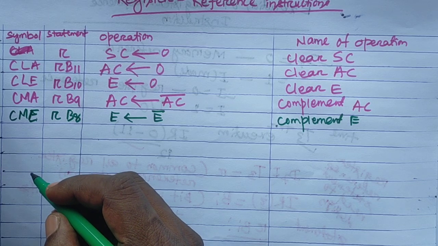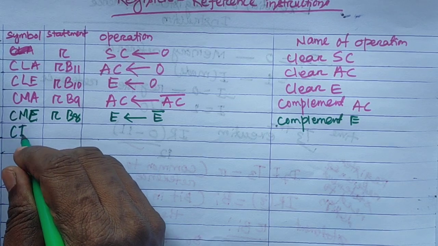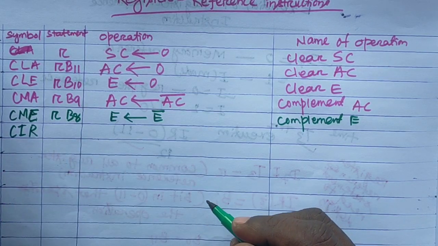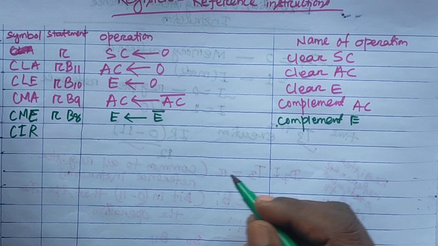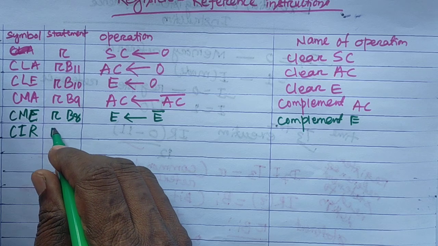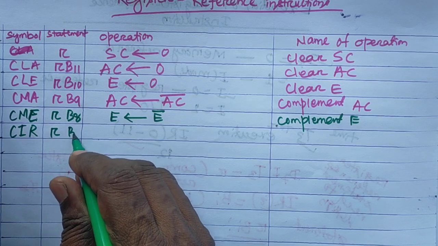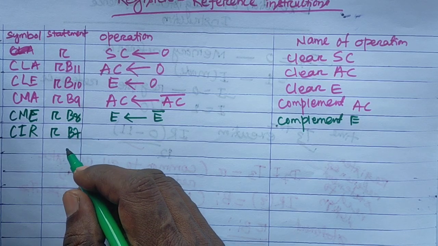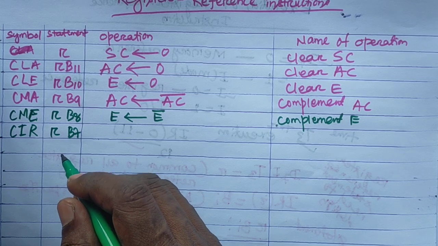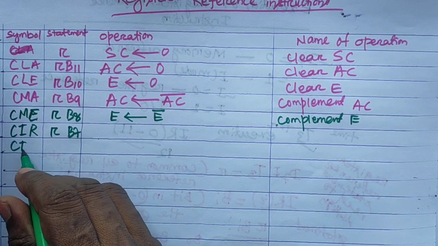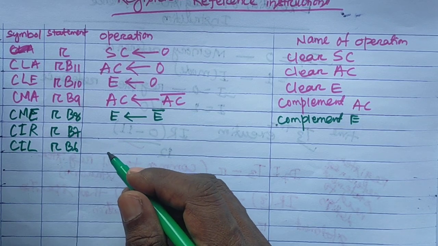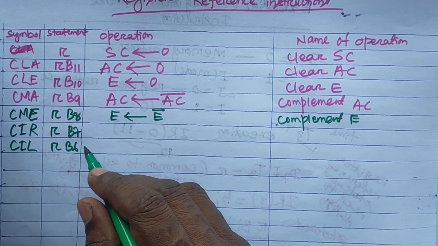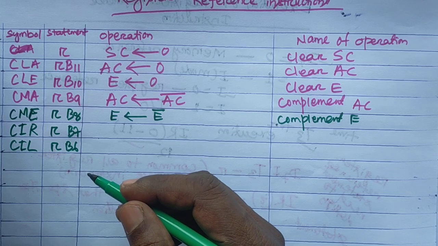Next, CIR. CIR means circulate right, which is RB7. Similarly, circulate left is also there, RB6. In that case, what happens?